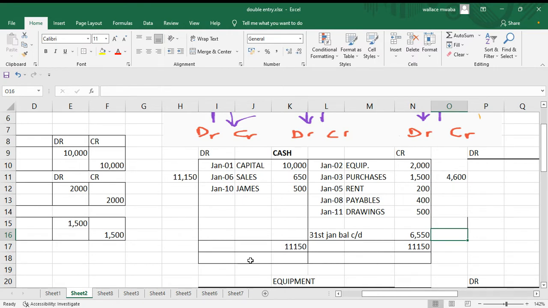Then on the 1st of the next month, 1st February, our balance brought down is going to be this same amount, 6,550. We bring it here. That's our balance brought down, 6,550.